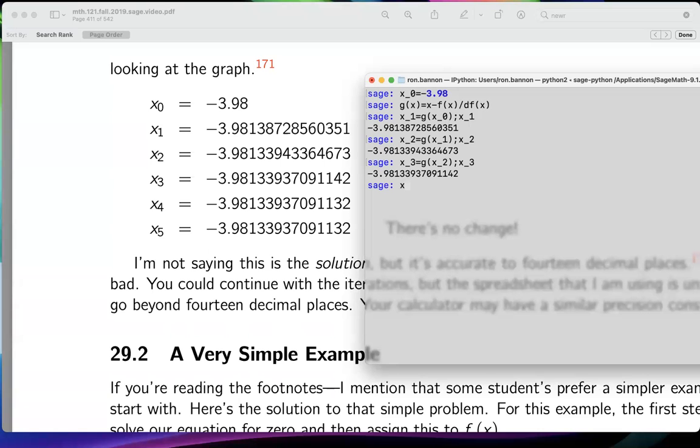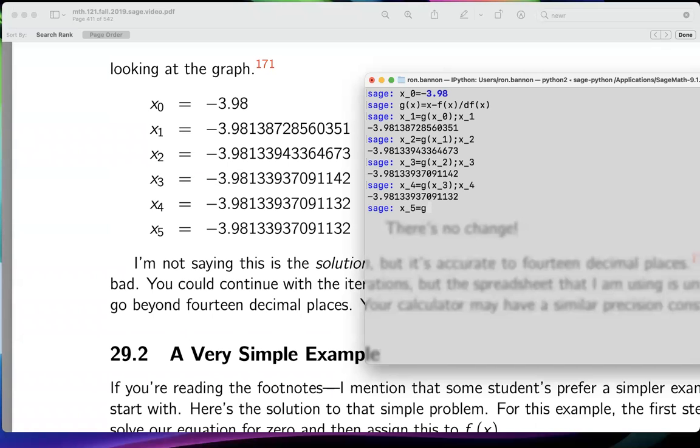All right, let's do x4. What's that going to be? g of x3. And I want to display x4 now. I'm looking at x4. It looks pretty good. Let's do x5. That's going to be g.